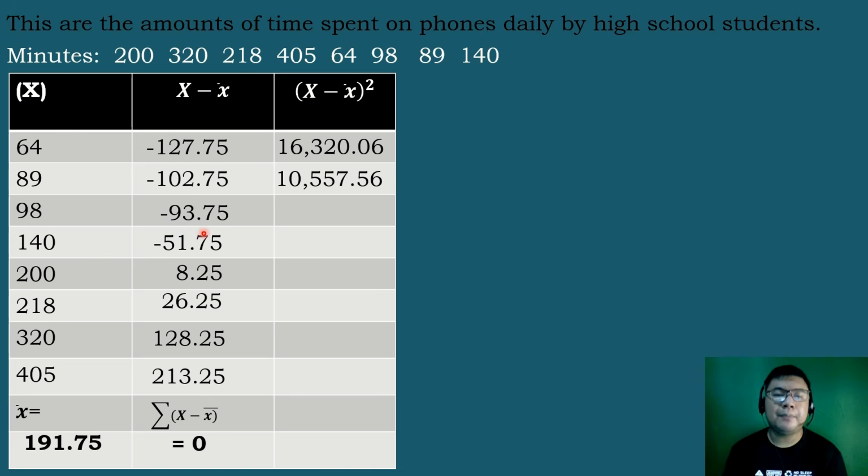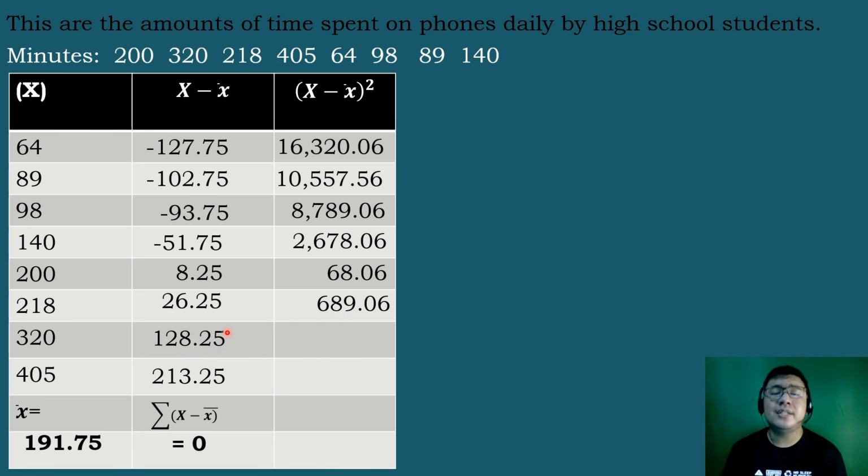Negative 93.75 squared is equal to 8,789.06. Negative 51.75 squared is equal to 2,678.06. 8.25 squared is equal to 68.06. 26.25 raised to the second power is equal to 689.06.